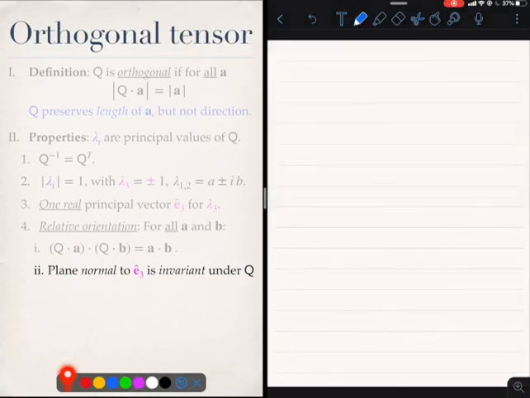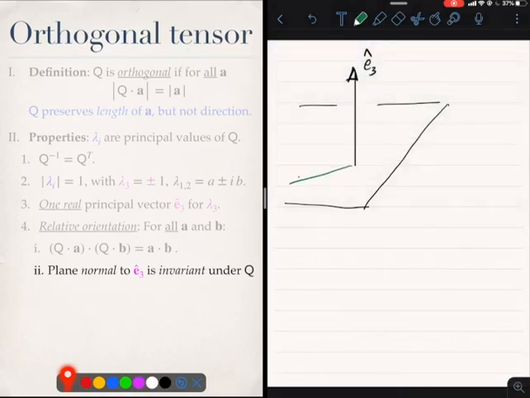Let's first draw the invariant vector. So let's say this is the invariant vector E3, so that the plane normal to it is this. And in that plane, let us take a vector, let's call that vector A. Now this angle must be 90 degrees.